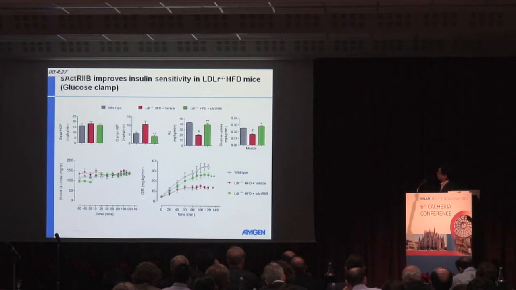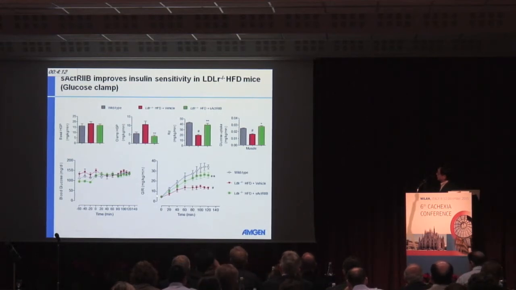But here is a more definitive measurement. We really worked hard and performed a glucose clamp experiment, and it's a busy slide. Let me just show here the glucose infusion rate under a clamp condition in this diseased animal.